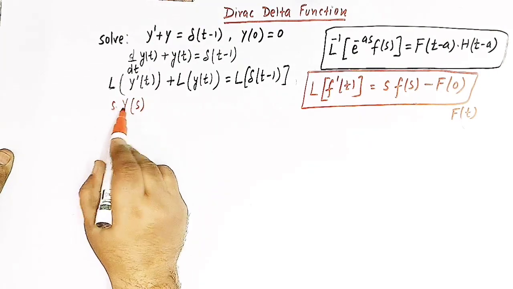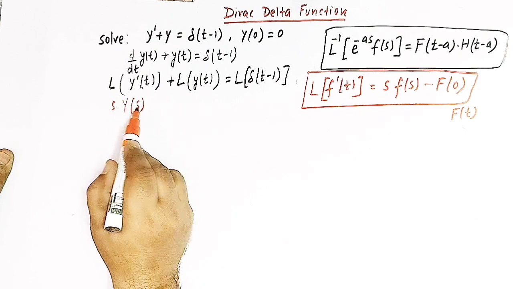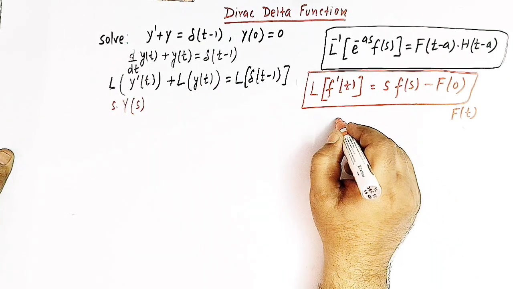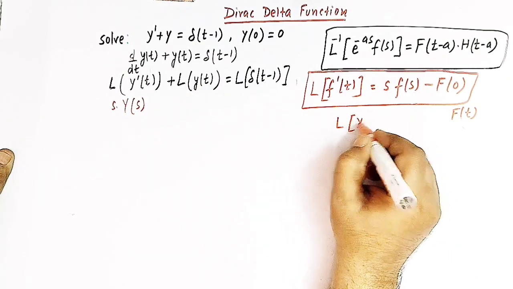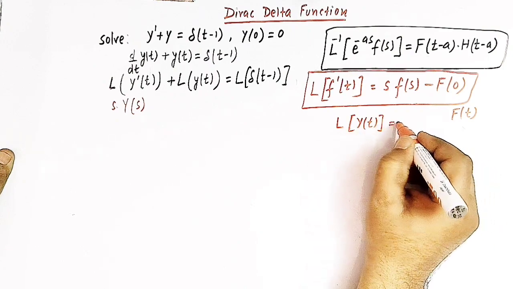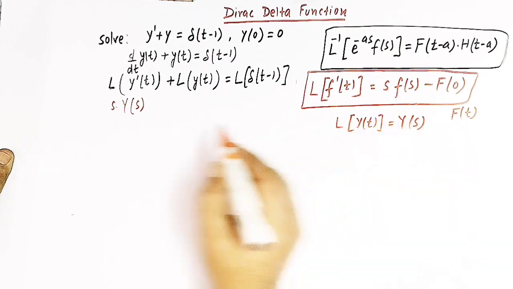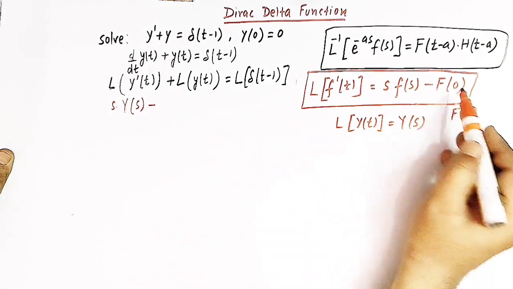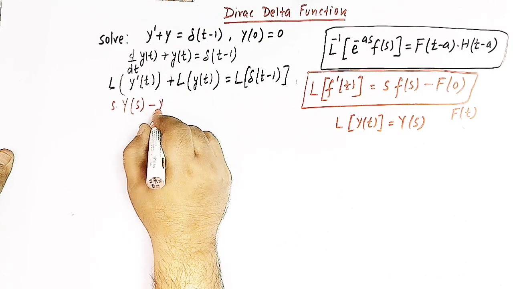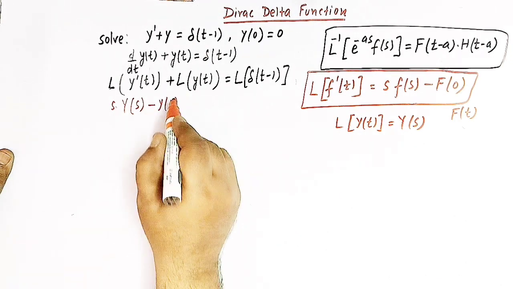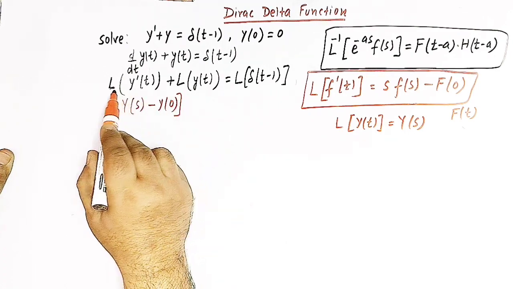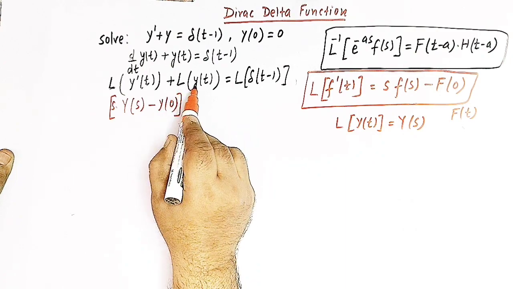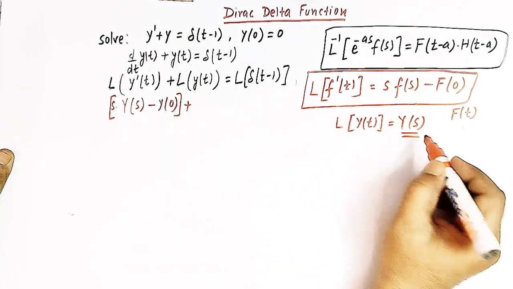We are using the notation capital Y of s for the Laplace transform of the function y of t. So the Laplace transform of y of t can be written as capital Y of s, and then we have f of 0, which is y of 0. This is the term for the Laplace transform of y prime of t, and the Laplace transform of y of t can be replaced by capital Y of s.